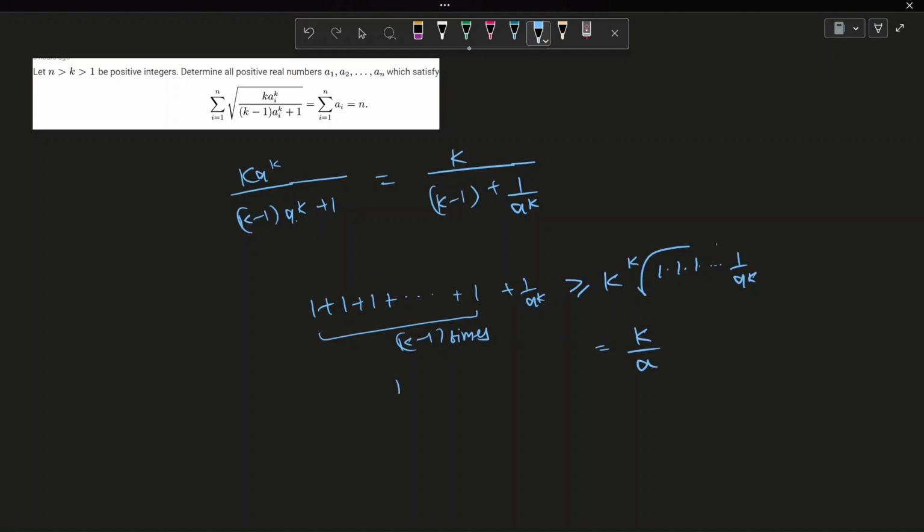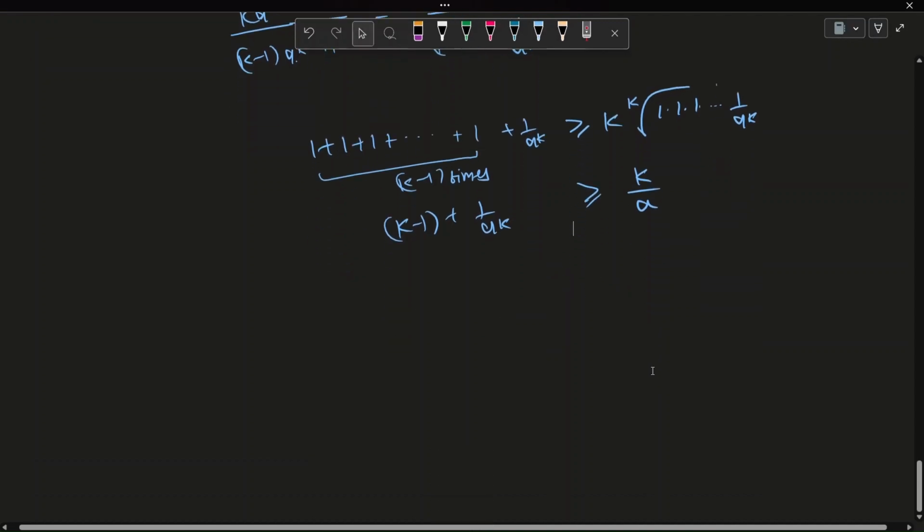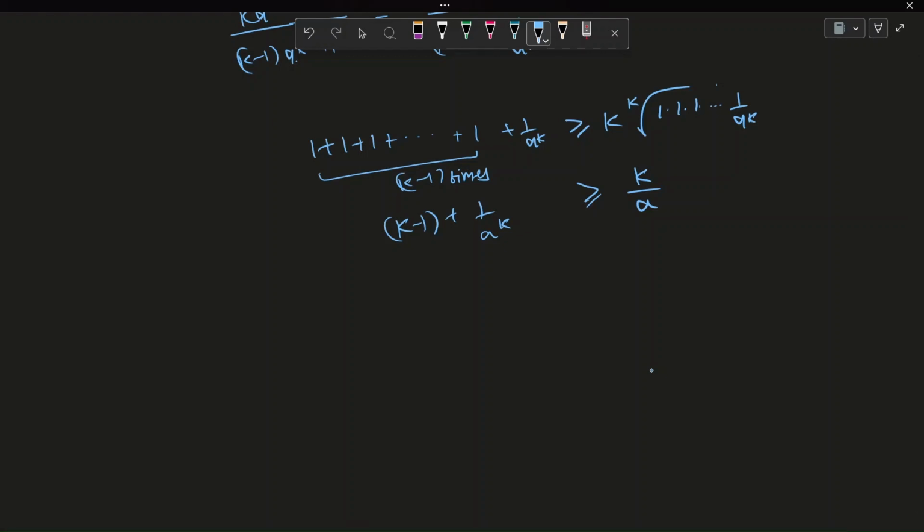So we conclude that k minus 1 plus 1 upon a power k is greater than or equal to k upon a, and remember that in the AM-GM inequality, equality only holds if all the terms are equal. So the equality will only hold if a power k is equal to 1, which would further imply that a is 1.